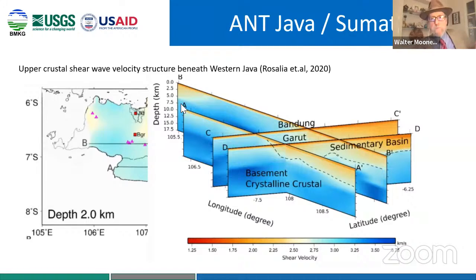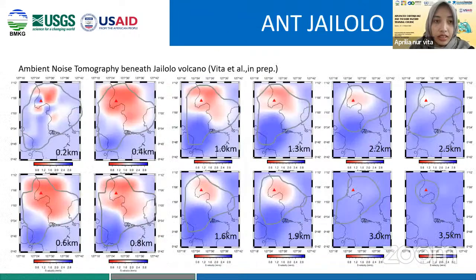In my research, I use about 35 seismic stations installed by GFZ and PMKG in late 2017. The stations are distributed around Jailolo and some of them in Ternate Island. We have about a year of data.